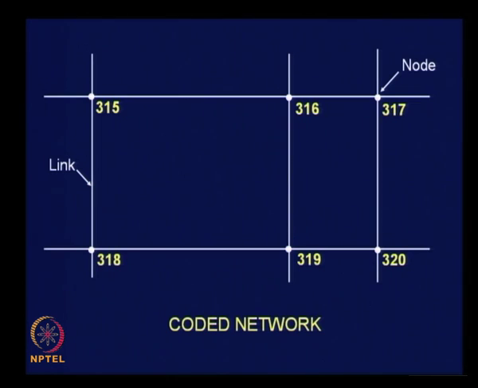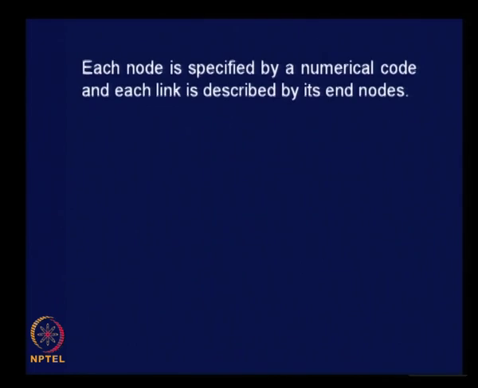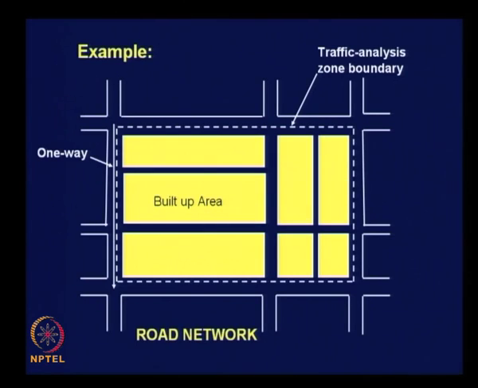Clear? I will go back to the picture, please look at it. We have ignored this minor road. We have also ignored this road, this is also not taken into account. This is also ignored, this road is also not taken into account, because these roads are minor roads.